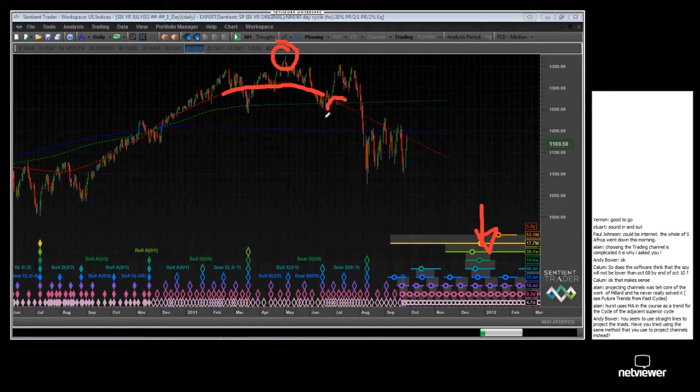Now, by projecting a straight line, the intersections that are found, which are plotted with circles in Sentient Trader, there's one, and there's the other. These intersections plotted by circles occur earlier because this line is still pointing up. You see, this is subtle, but it's still pointing up.